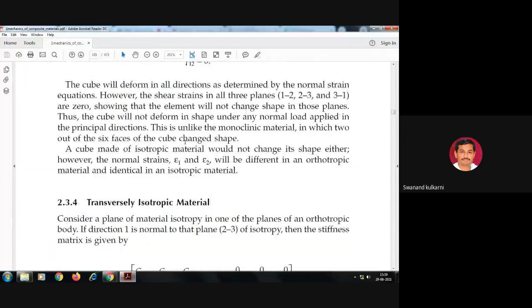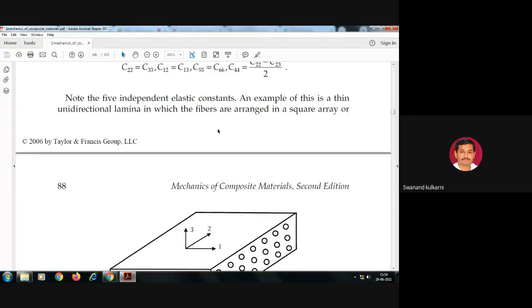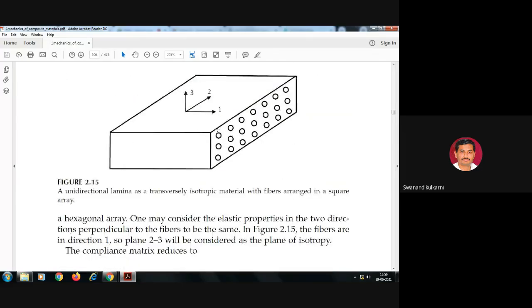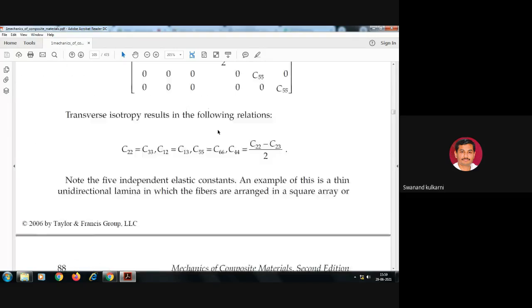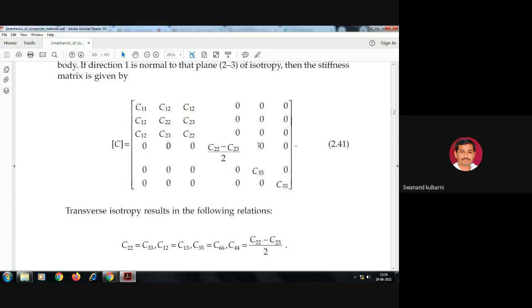Then the next type of material is the transversely isotropic material. Consider a plane of material isotropy: in one of the planes of the orthotropic body, direction 1 is normal to the plane 2, 3. Transversely isotropic means that plane 2, 3 is isotropic.